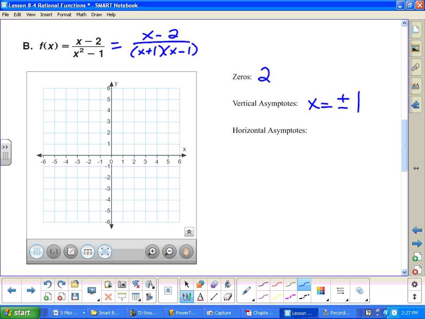Now, for the horizontal asymptotes again, all we need to look at is the terms with the largest degree. Because if I put 1,000,000 in for x, does subtracting 2 or subtracting 1 have much effect?